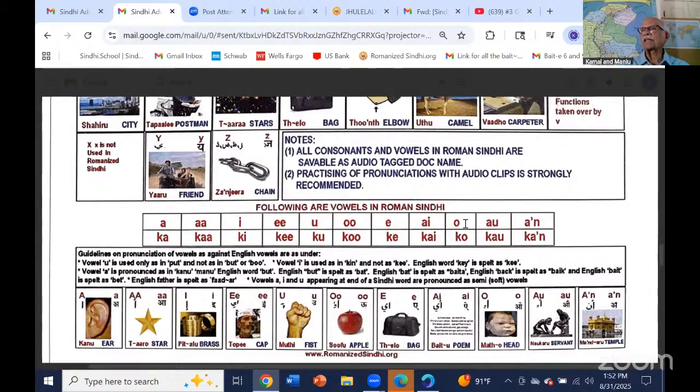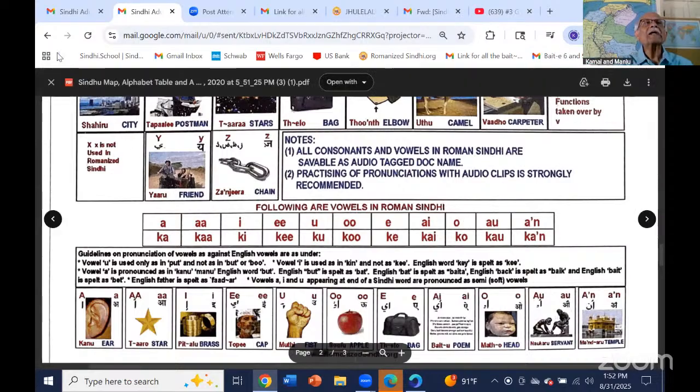Gunjan, Preeti, Ajit, you got a quick understanding of the gender-based language Sindhi. E is feminine. U and O is masculine. Okay? Now I'll go back.